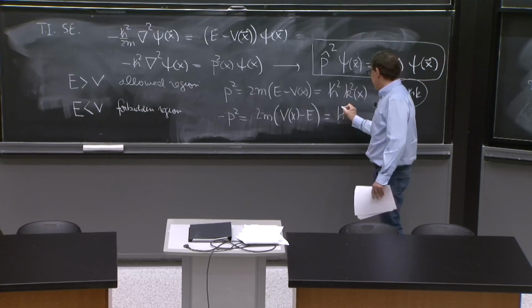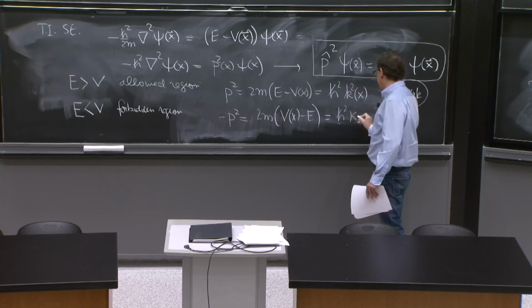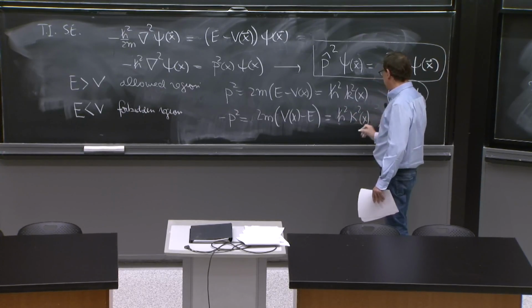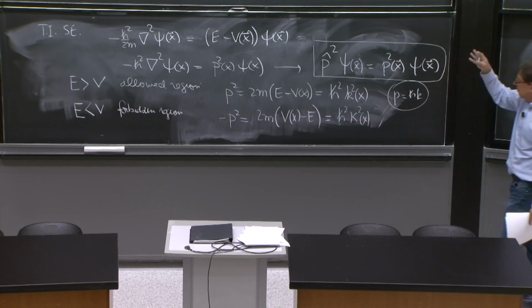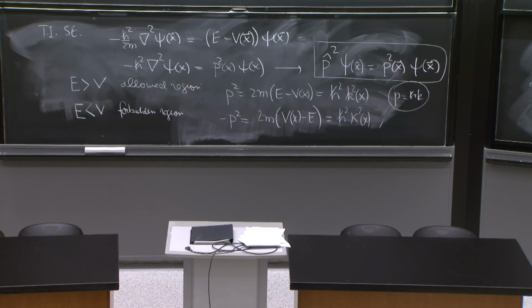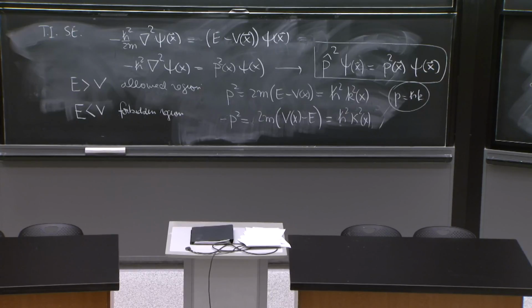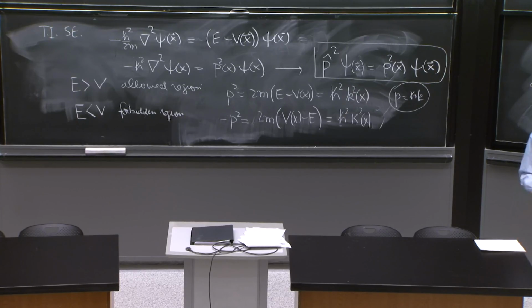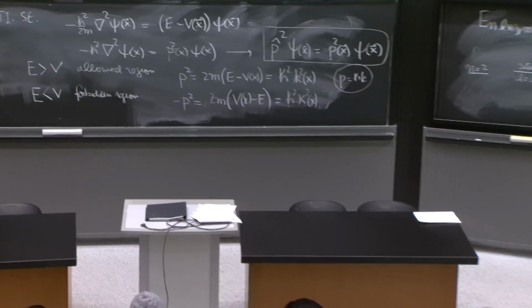So we call this h bar squared kappa squared of x, a local decaying factor wave number. It can be thought of as an imaginary wave number, but that's notation. So far, so good.